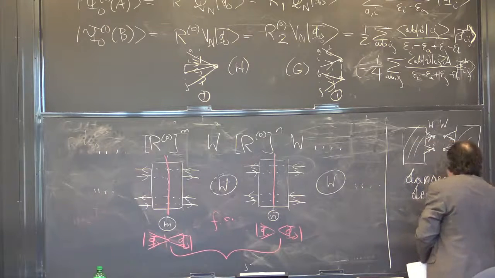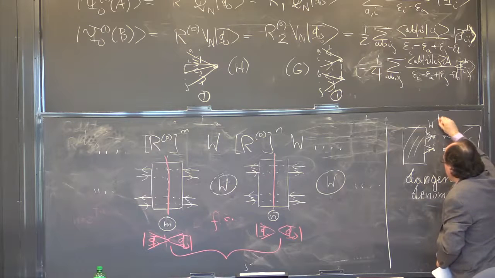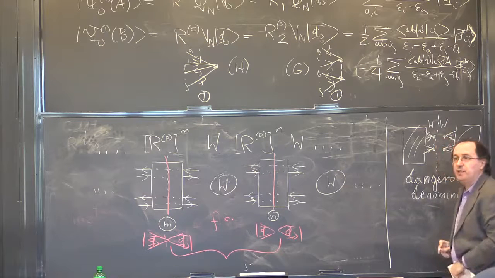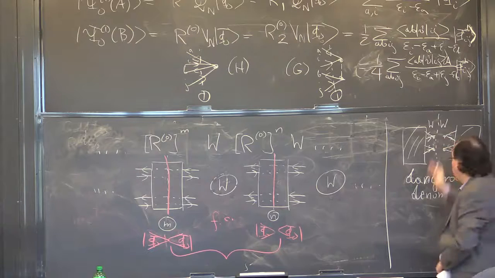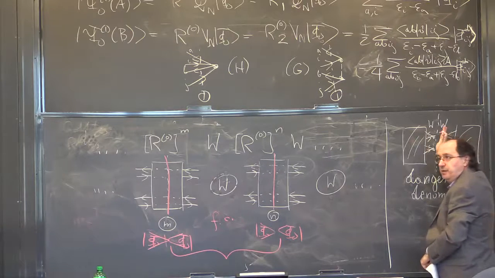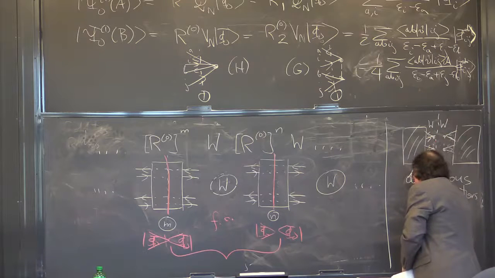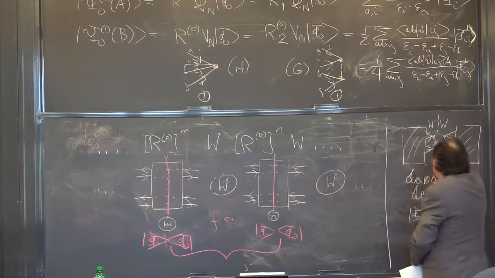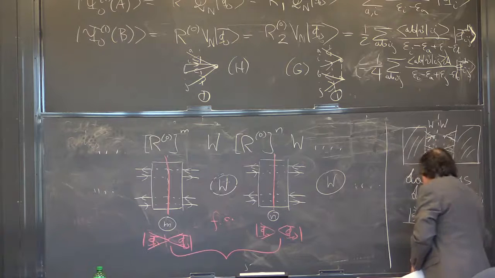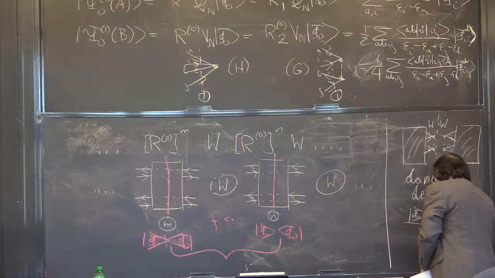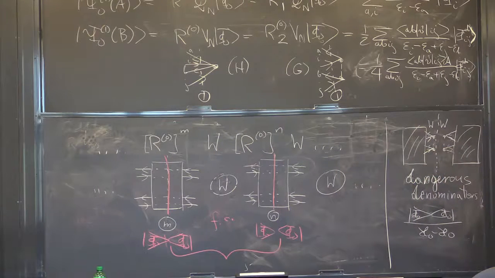And our rules are consistent with that. What would that be? I would have to draw a line here between and try to write the denominator. What would I end up with? No excitation, because I don't have anything in between, empty space. So you would have to think of this: phi 0, that would be the line, divided by kappa 0 minus kappa 0. Because there are no lines you're slicing through, you'll be dividing by 0.